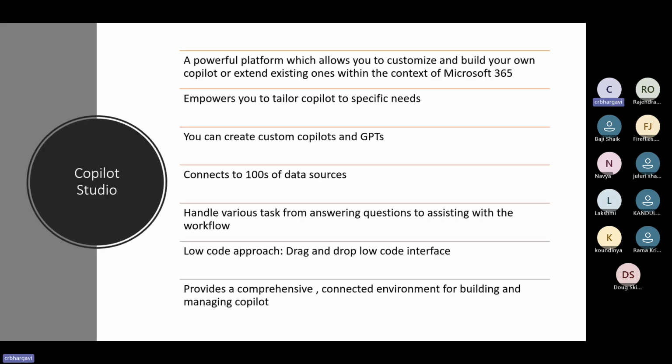Now coming to the major part of today's session, which is one of the auto code parts that we had discussed so far. Copilot Studio is where you can get a whole agentic chatbot or agentic virtual assistant without writing even a single line of code.